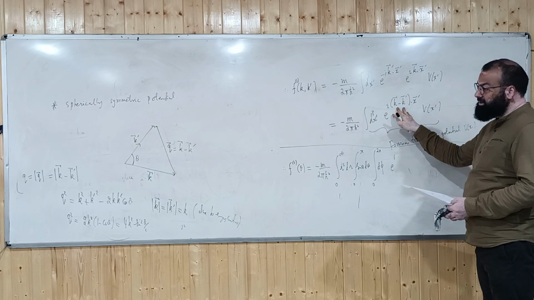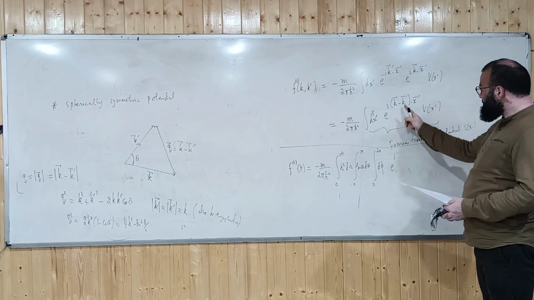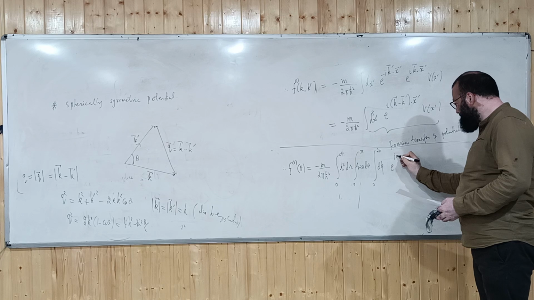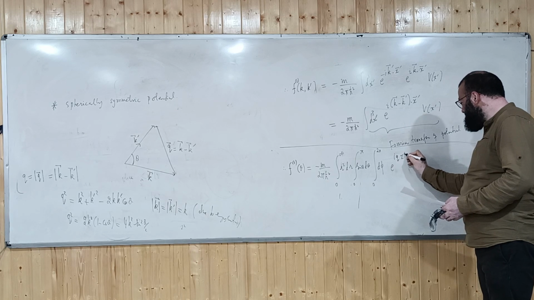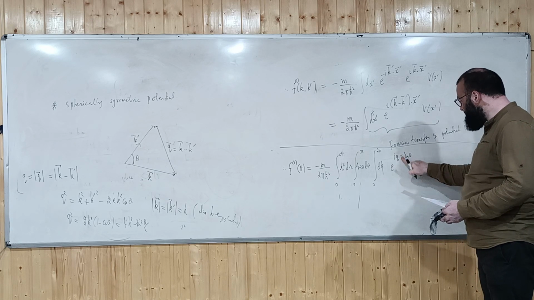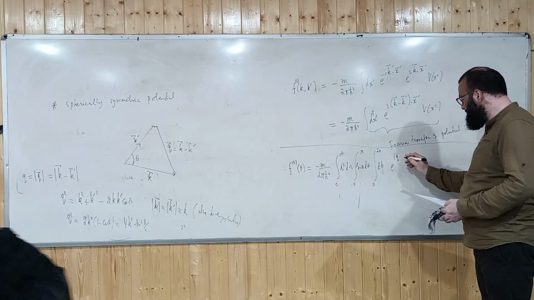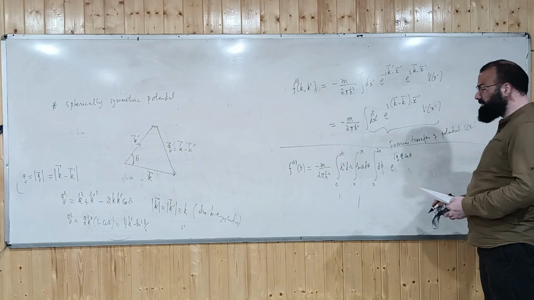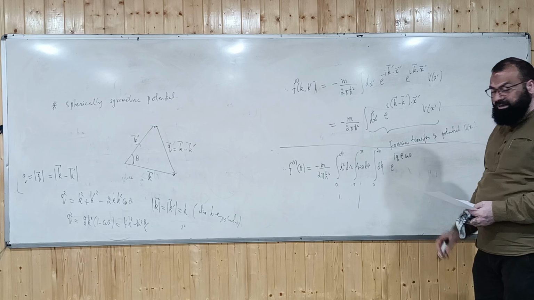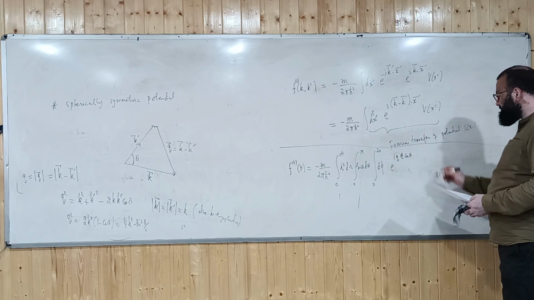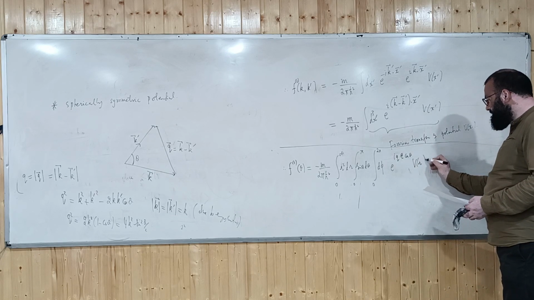Since this is q, we have defined it by q. So it will be simply the magnitude of q times x prime cosine of theta, sorry, r, because we are now using it as r. The magnitude of x prime is r, then V of r.